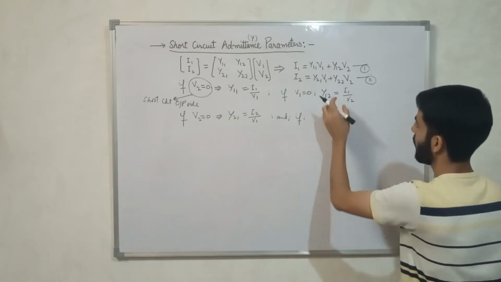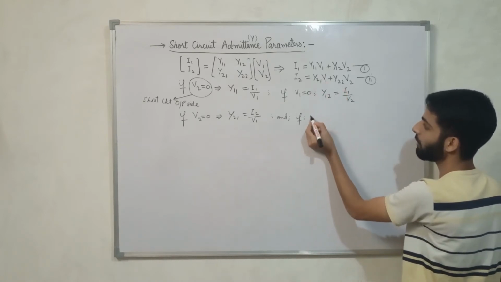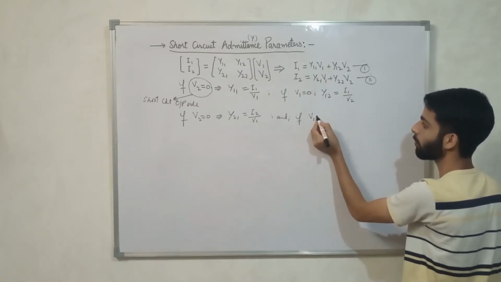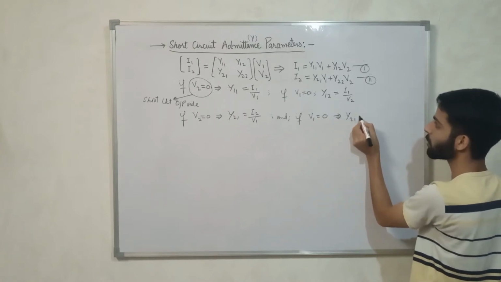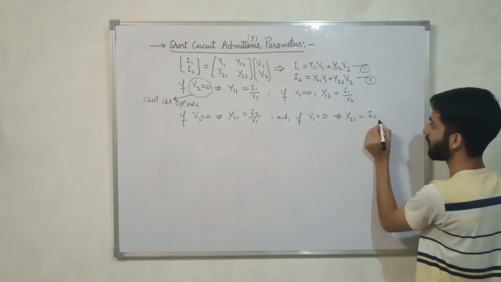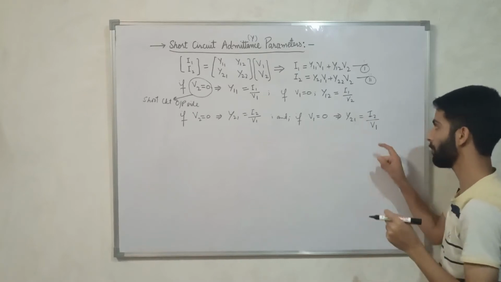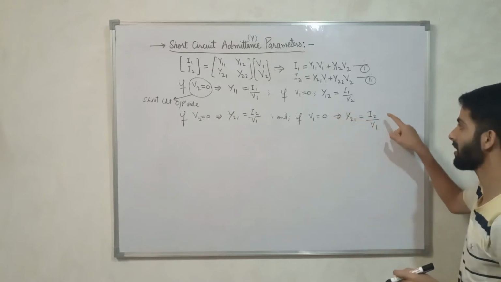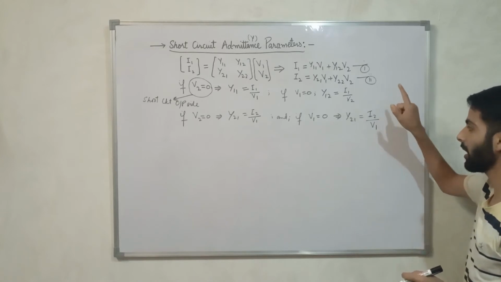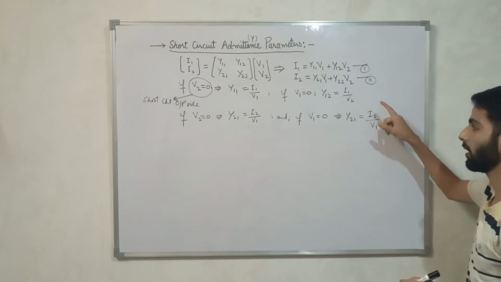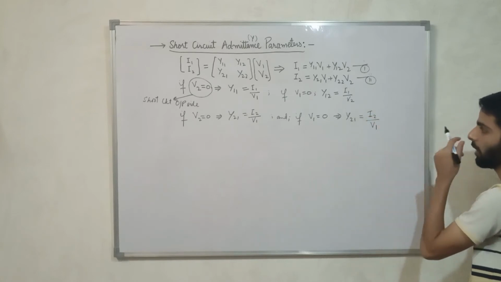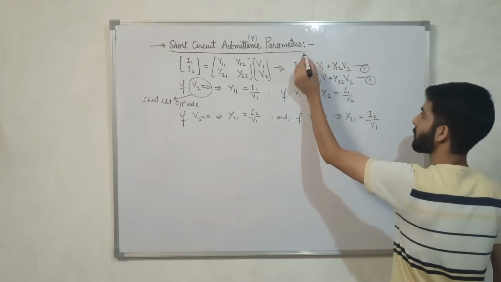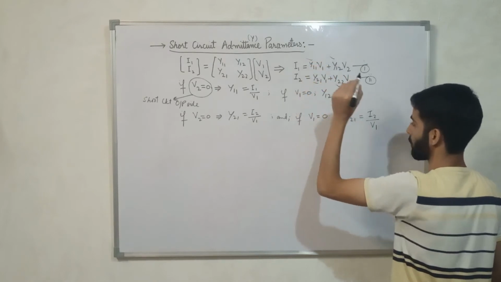And if V1 equals 0, this implies y21 will be equal to I2 upon V1, which is a transfer admittance, because it has the numerator from the output side and the denominator from the input side. Okay, so all four have been found.